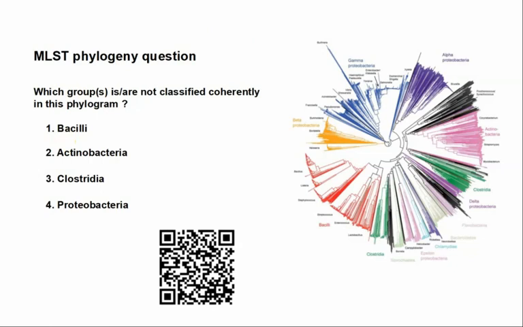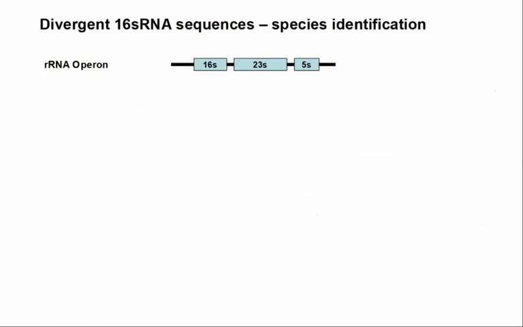And the other commonly used technique for higher level classification and phylogeny of bacteria is using 16S rRNA sequencing. You can identify different species and different higher level groups.